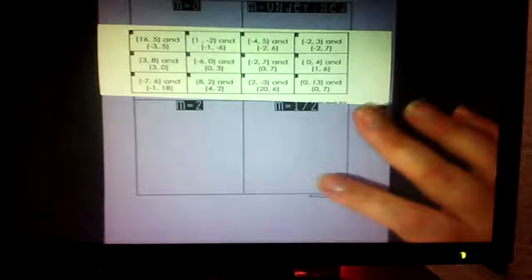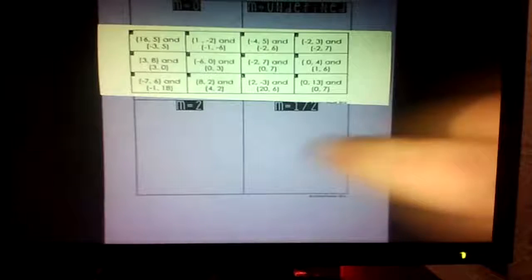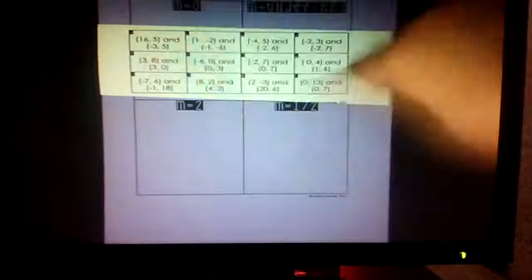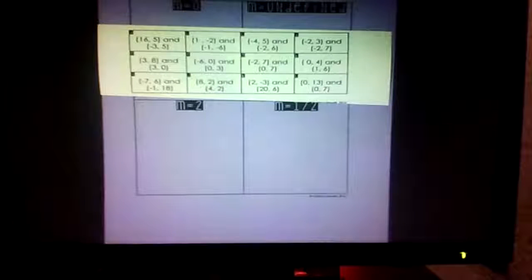On page 36, you're gluing in this purple sheet. On page 37, you are doing the work for each one of these. You're going to solve each one on page 37. Once you solve them, you're going to cut them out and put them where they belong.